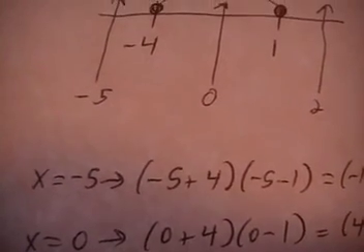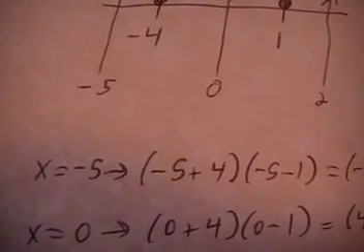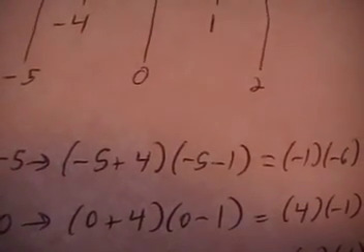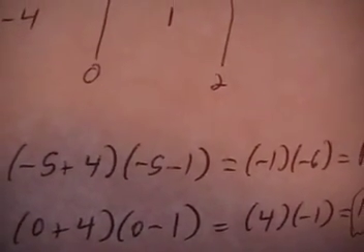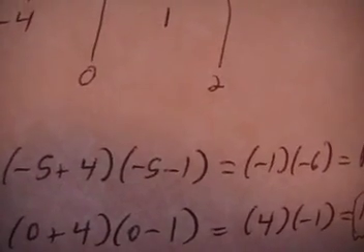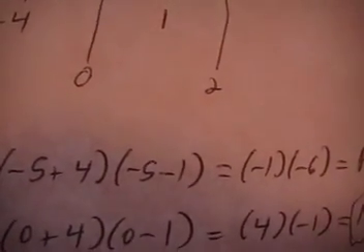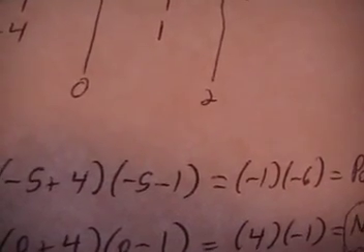By order of operations, you do the parentheses first. -5 plus 4 is -1. -5 minus 1 is -6. So then -1 times -6 is clearly 6, but we don't really care that the answer is 6. All we care about is, is the answer positive or negative? A negative times a negative is positive.